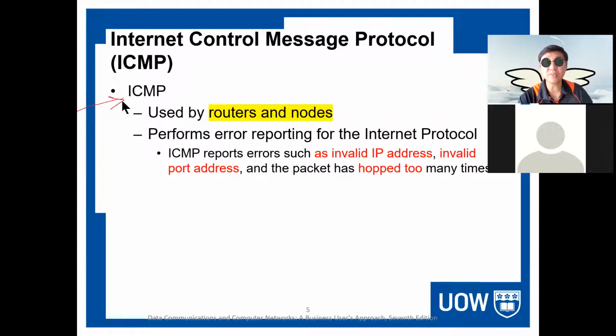So ICMP is the protocol that basically defines how to check on some of this internet. They verify whether the IP address is correct or not. Not that you give an IP address like 999.9999.999, which is an invalid IP address, or an IP address that does not belong to this domain or whatever.